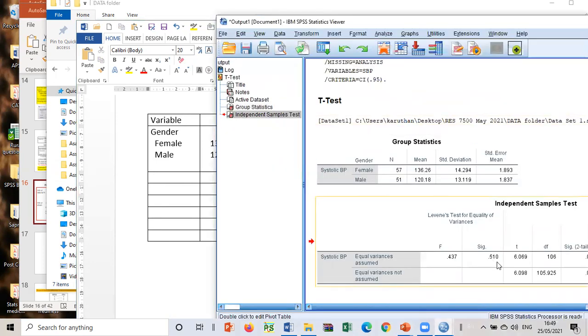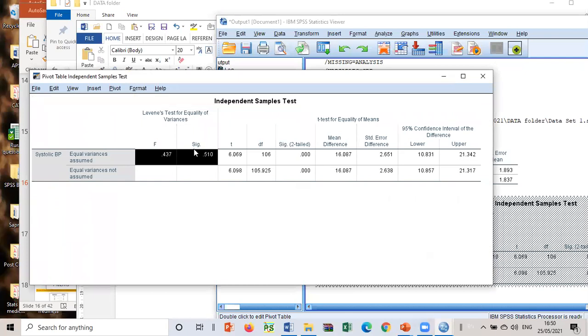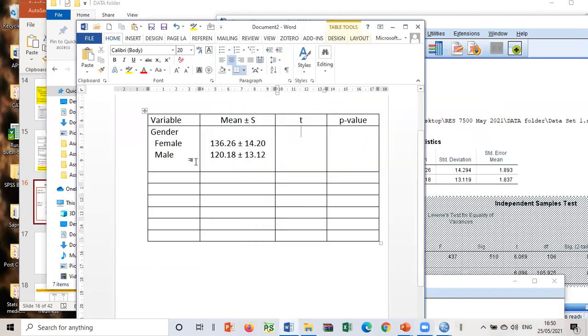Assumption, is it met? Variances? Yes. So what's the t value? 6.098.